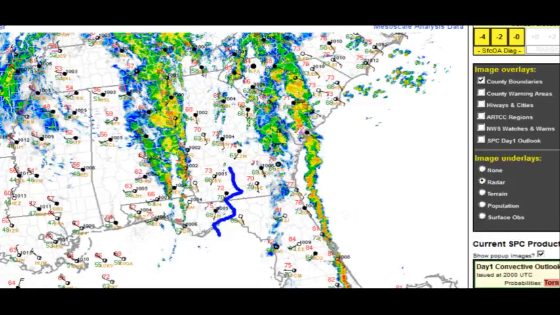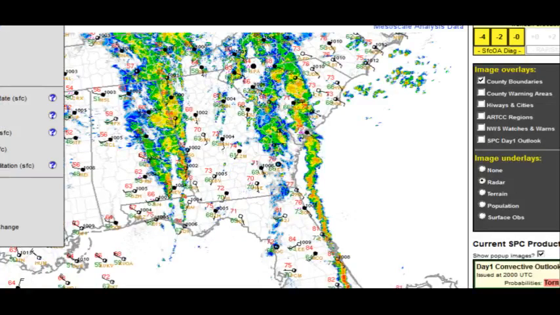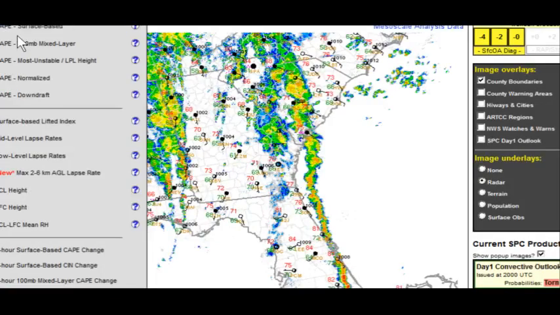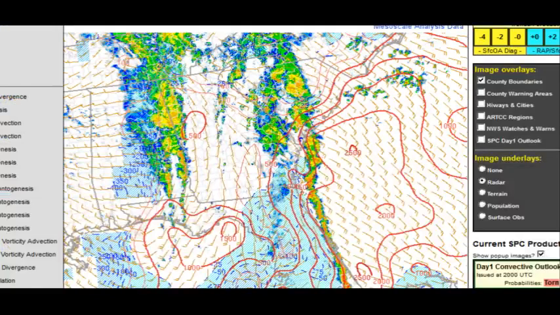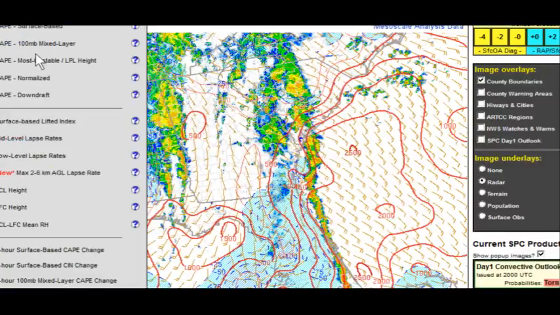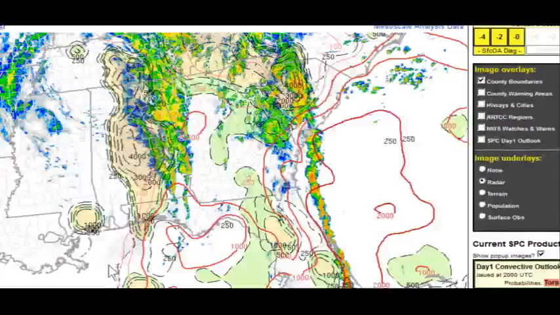Let's take a look at what we're looking at for the exact values. We'll look at surface-based CAPE, and not very much instability there at all. Just 500 CAPE. Let's take a look at most unstable CAPE. And showing pretty much the same thing.